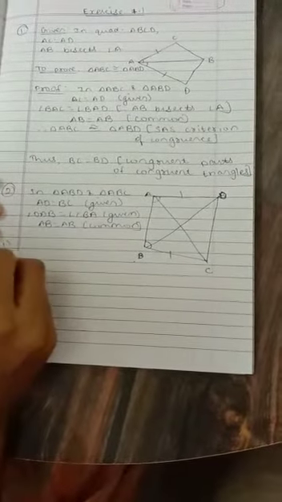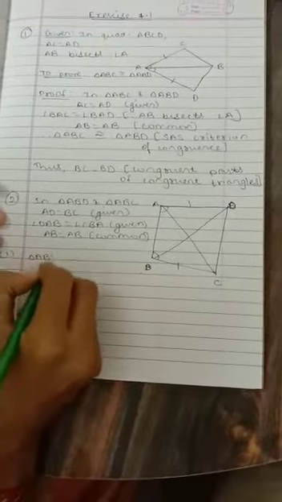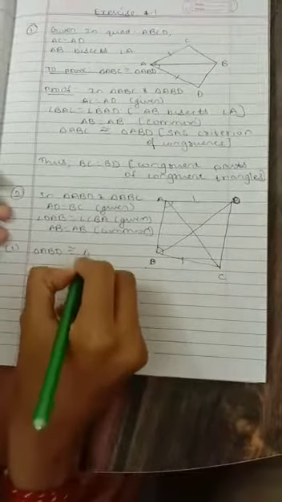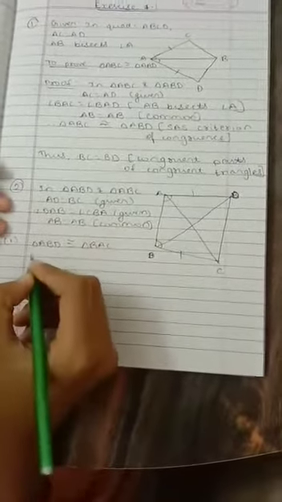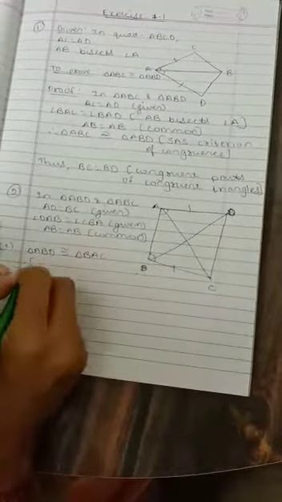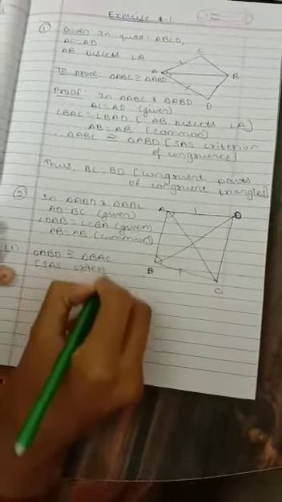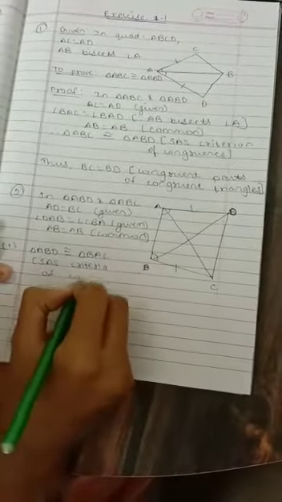Now first one. In first one we have to prove triangle ABD is congruent to triangle BAC. This we have to prove. So this is proved. How we can prove it? Based on this, we can prove it by SAS criteria of congruence.